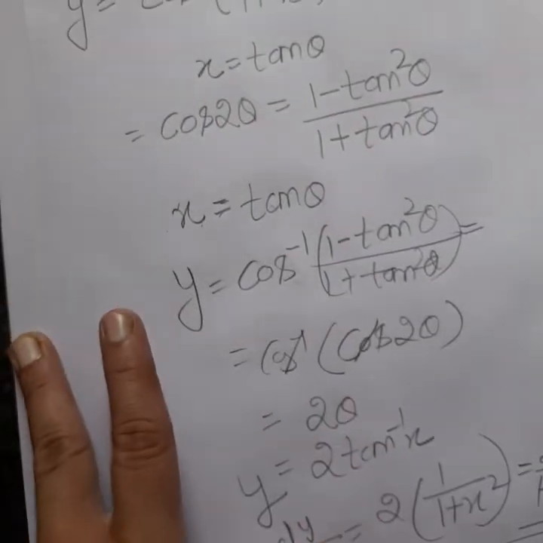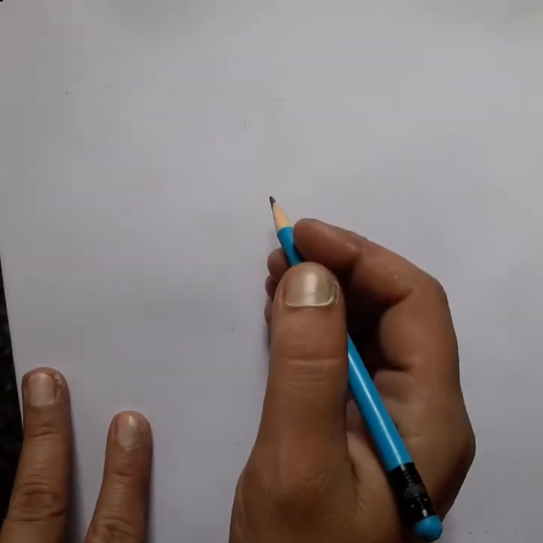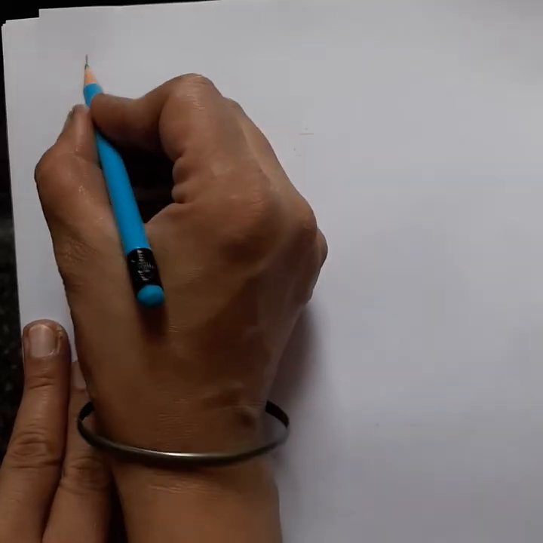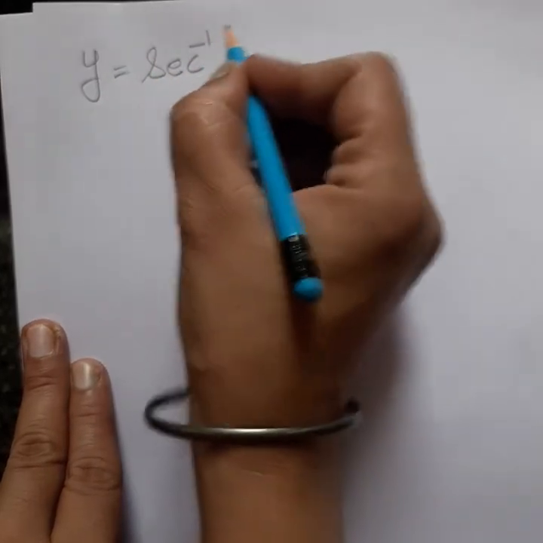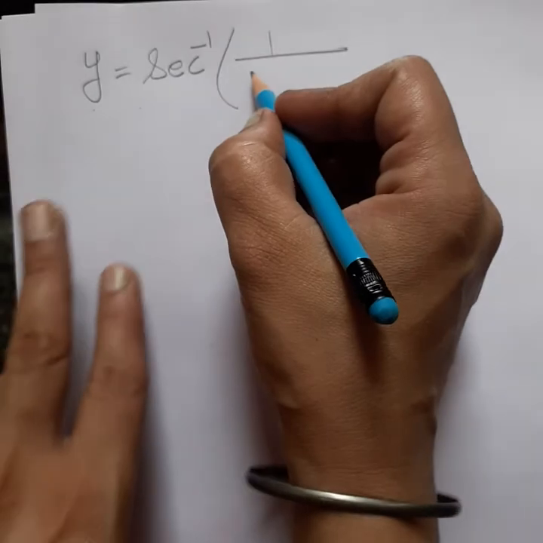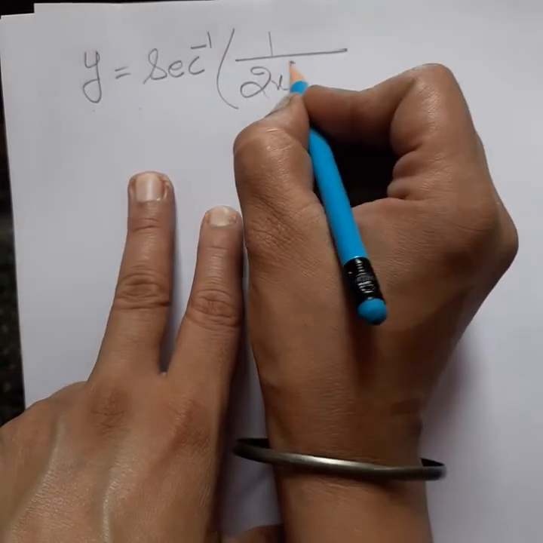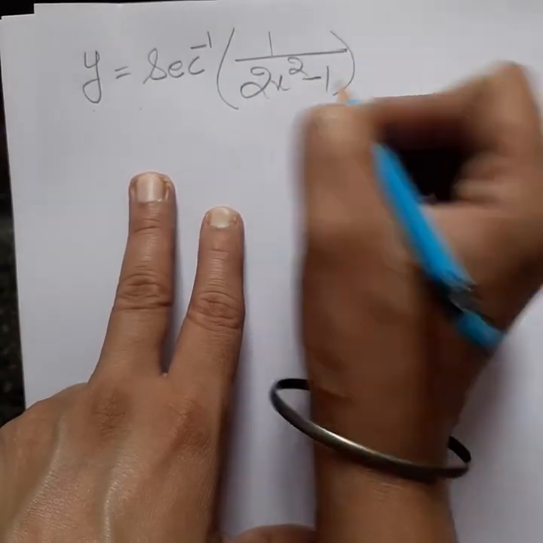Now we move on to our next question. We take y is equal to secant inverse of 1 over 2x square minus 1.